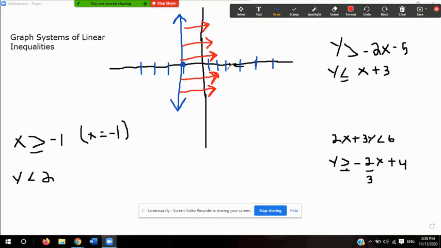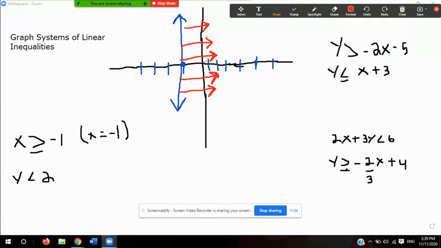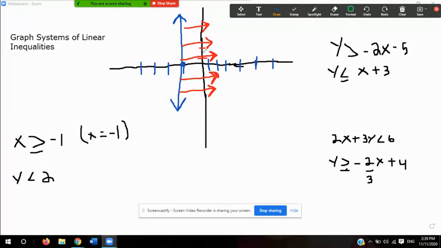y is less than +2. So what I'm going to do now, and let me use a different color, let me use green for this. So +2. So this would be +1, and this would be +2. And that means that this is where I'm going to graph that point, suggesting y is going to be +2.